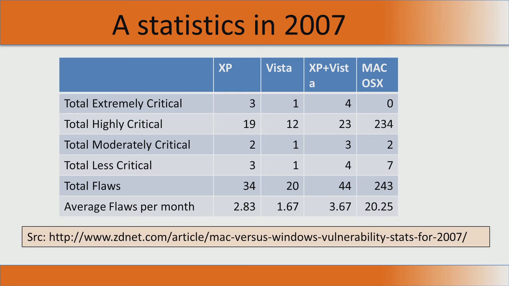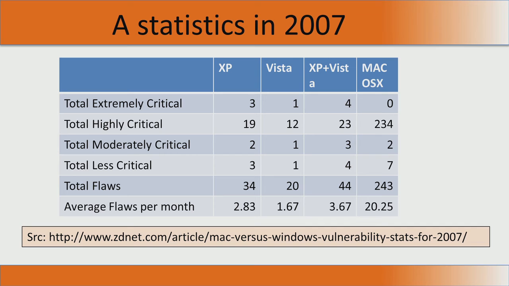Now, why are patches important? Look at this particular survey given in the URL that I have put there. This was done in 2007, and it has statistics of the different operating systems and how many vulnerabilities of different kinds they had.